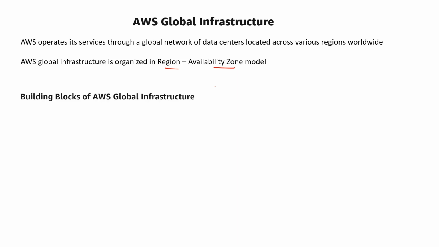Now, what are the building blocks of AWS global infrastructure? From the smallest unit, we have these data centers, smallest unit per se, but we have seen how large and how huge AWS data centers are. So we have these data centers across the globe, and these data centers are organized in what's known as an availability zone. All right. And these availability zones are again organized in regions. So AWS operates from its data centers across the globe, organized in a region and availability zone model.